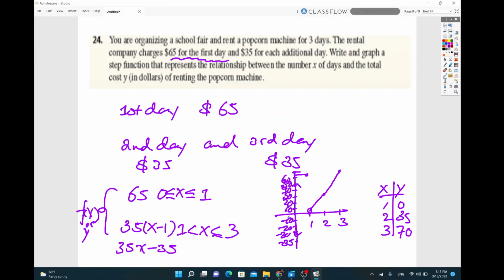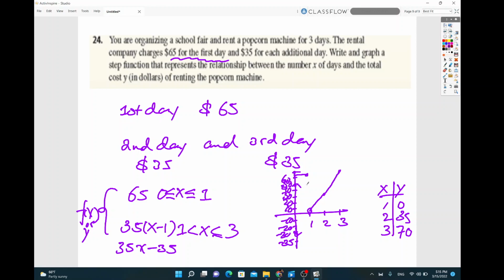So the domain and the range. The domain here pretty much covers all the way from 0 to 3. The range, at this position here, at 0, would be from 0 to 65.